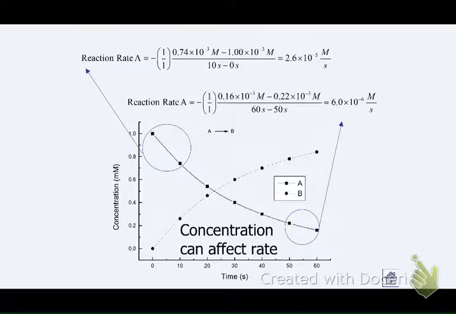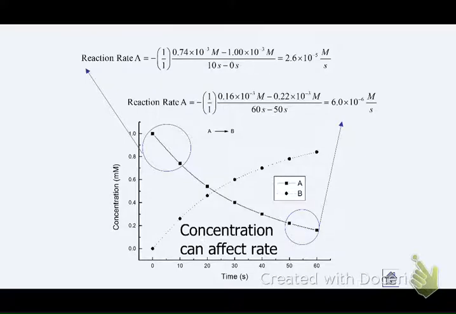The first one, right? First one's faster. And you can tell that because remember, reaction rate is related to slope. So if you look at this, you can see automatically this slope is higher than this slope. This one's closer to being flat, right? And so you can see the reaction rate is going down.